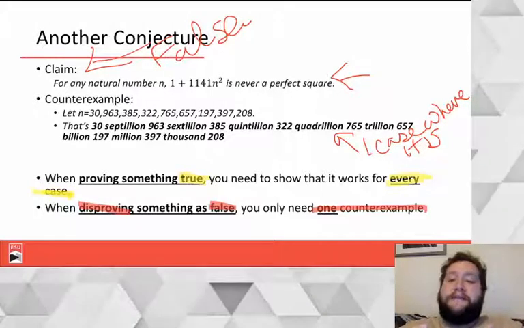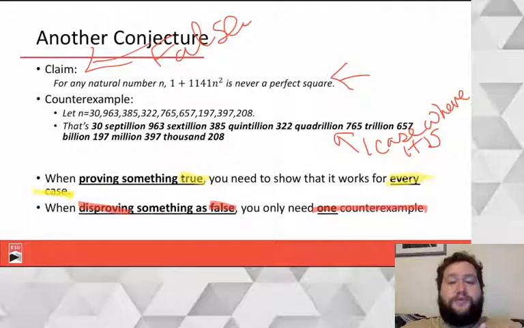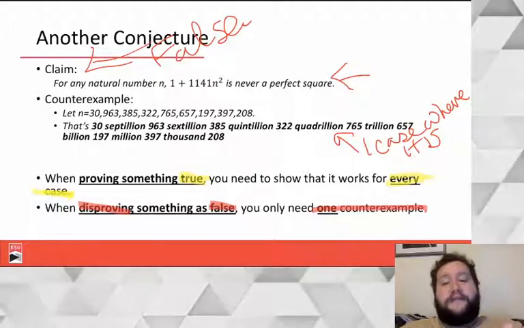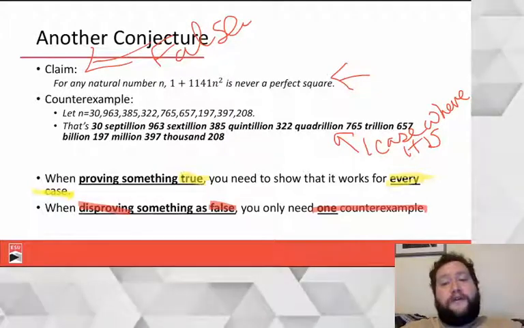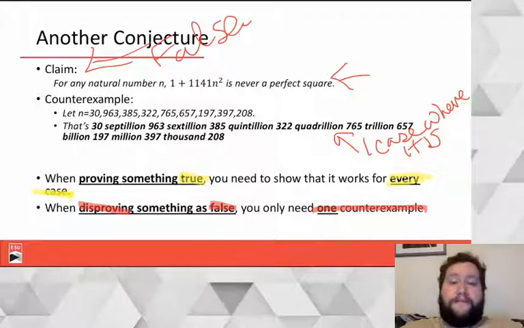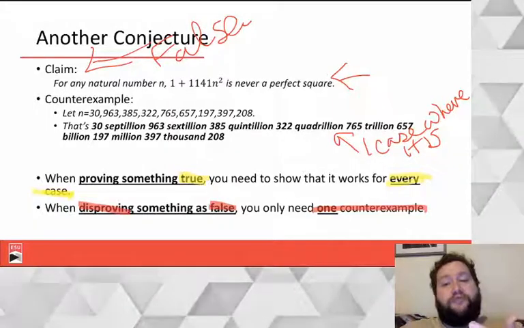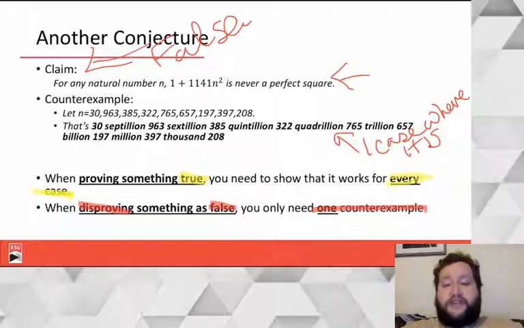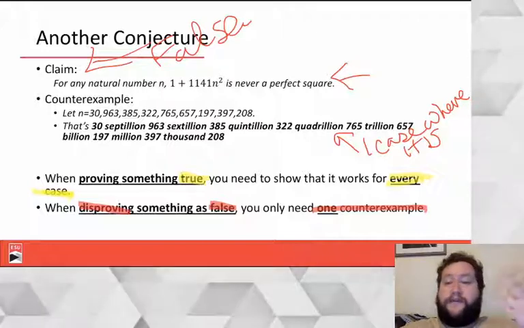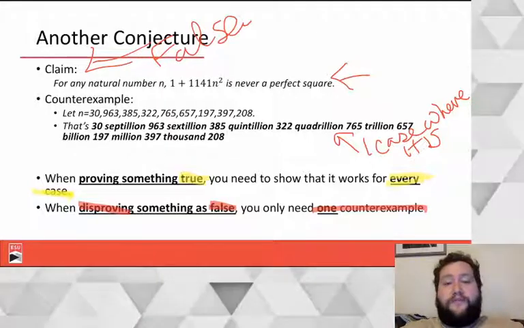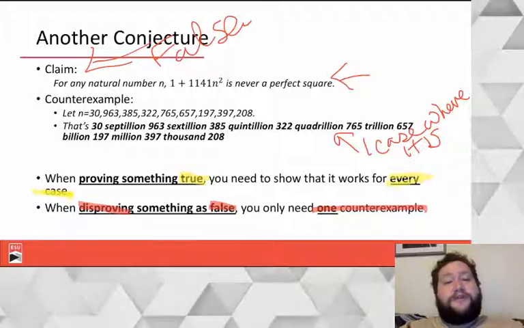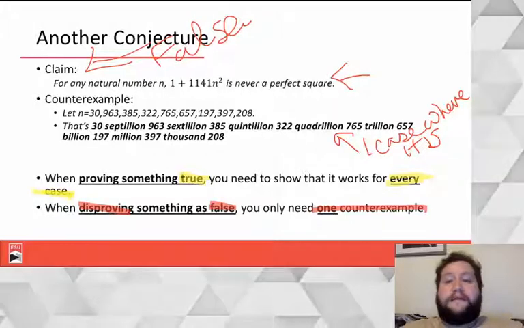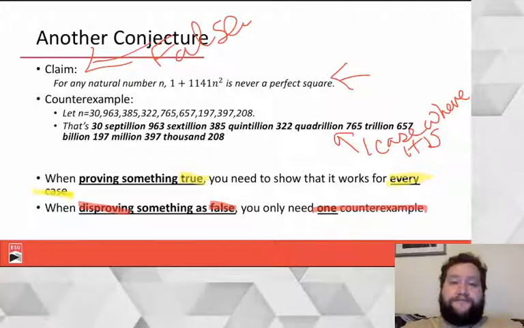A claim is something that we're pretty sure is true. And then we have to give evidence in the form of a proof to show that it works always. If we want to prove something is true, we show that it works for every case, generally speaking. That's why we used our variable n in those 2 proofs. But if we wanted to show something was false, we only need a single counterexample.